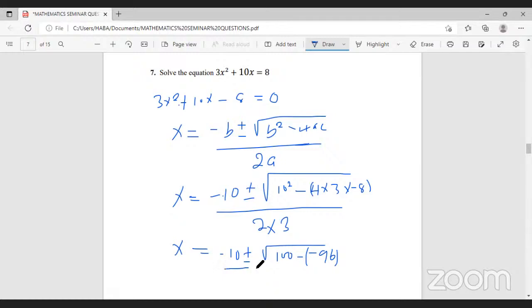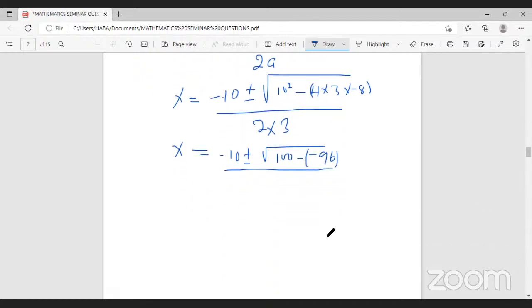Negative 96, close brackets, divide by 6. And I get my x is equal to negative 10 positive or negative square root into 100 plus 96, divide by 6.